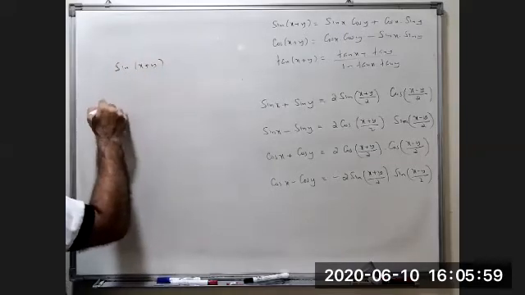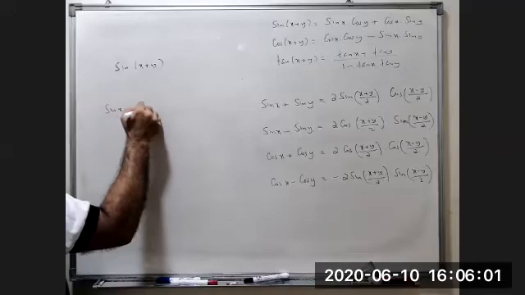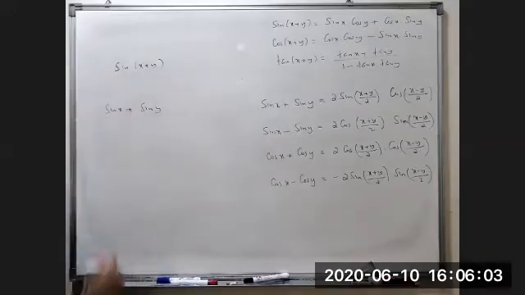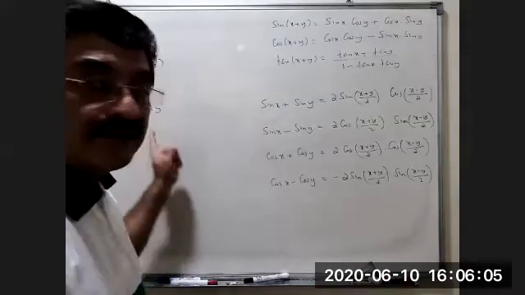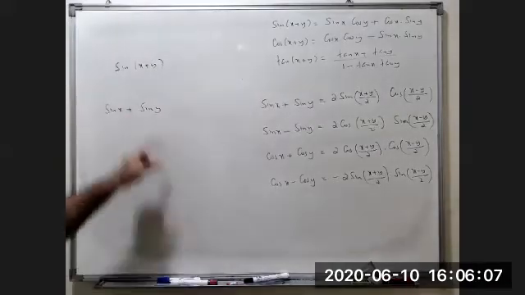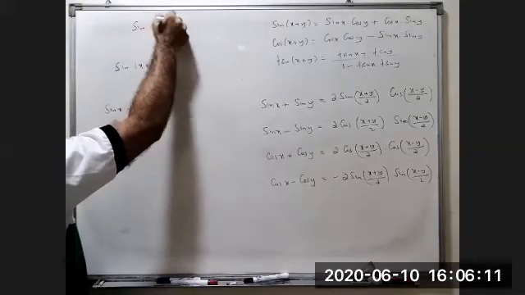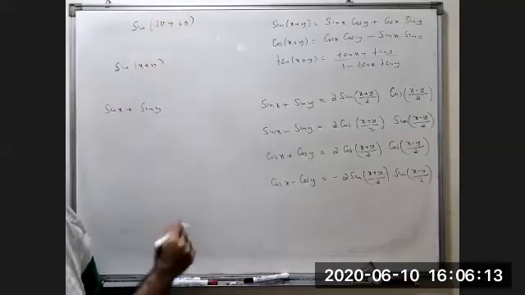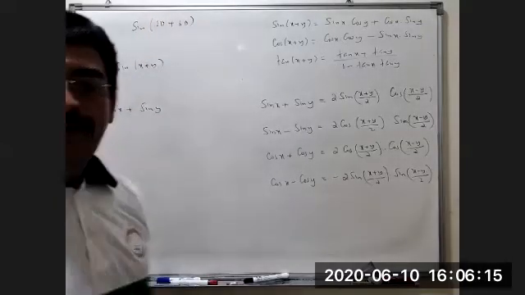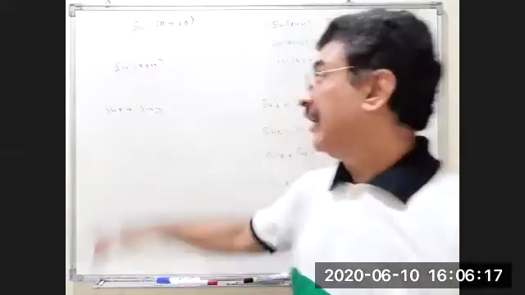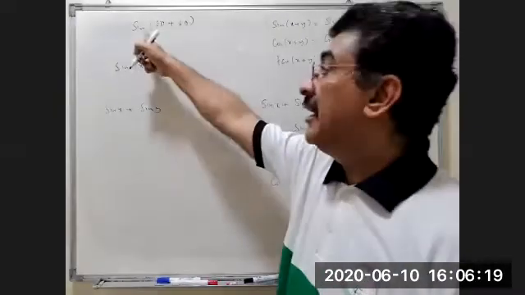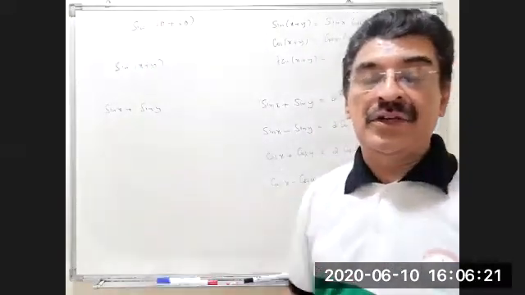See, sin(x plus y) is not sin x plus sin y. In that case, take sin(30 degrees plus 60 degrees), which is sin 90, and sin 90 is 1. But if you add sin 30 and sin 60, we don't get 1.